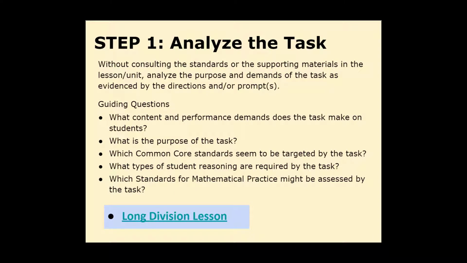So step one is analyzing the task. Without consulting standards or progressions, anything like that, what you're going to do is watch the lesson and review it. You should only limit your observations to what the task communicates about its purpose and demands. That's it.